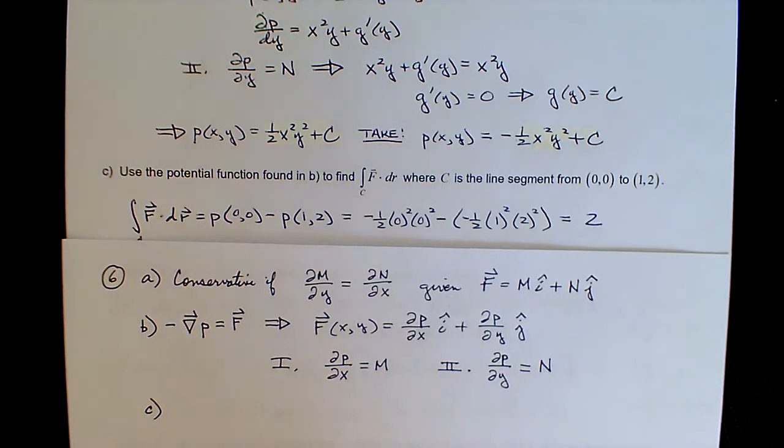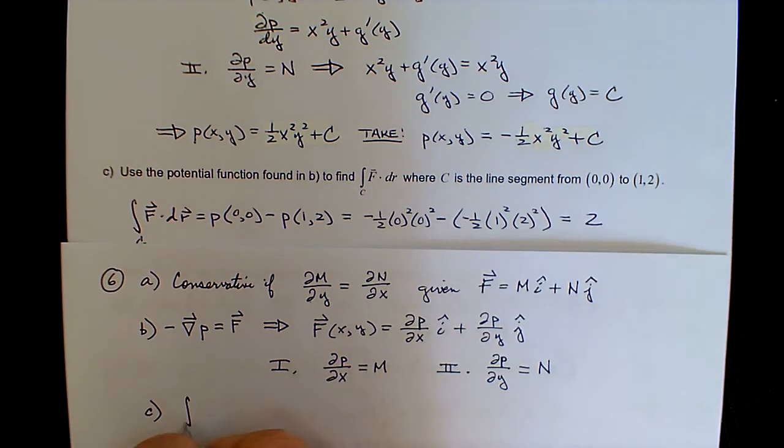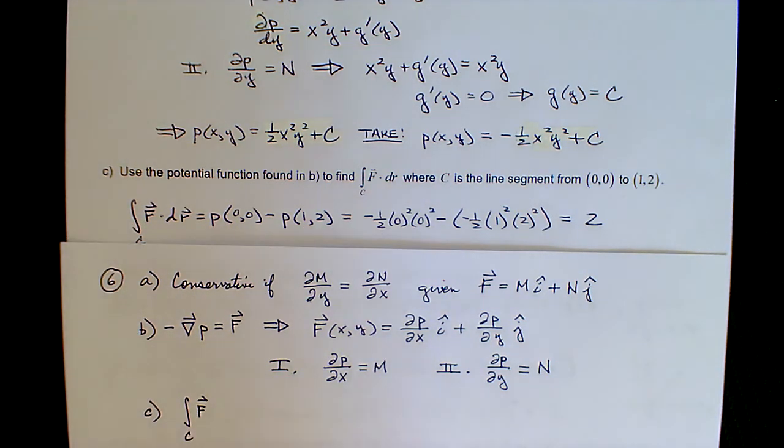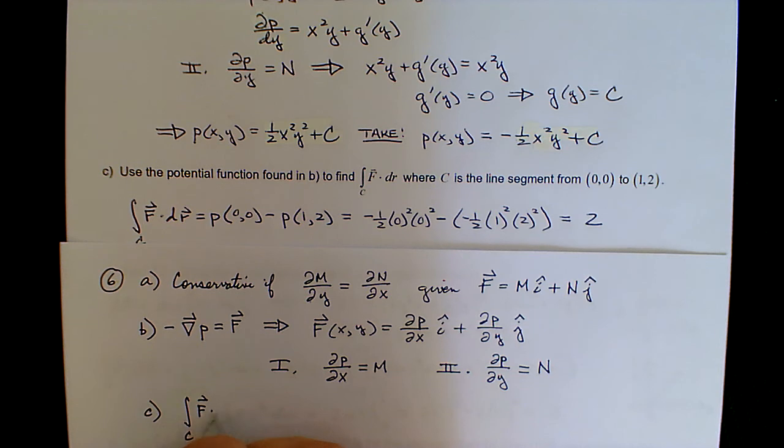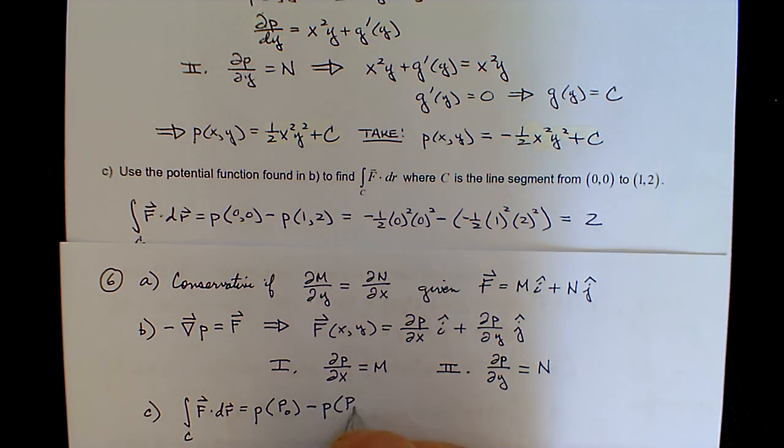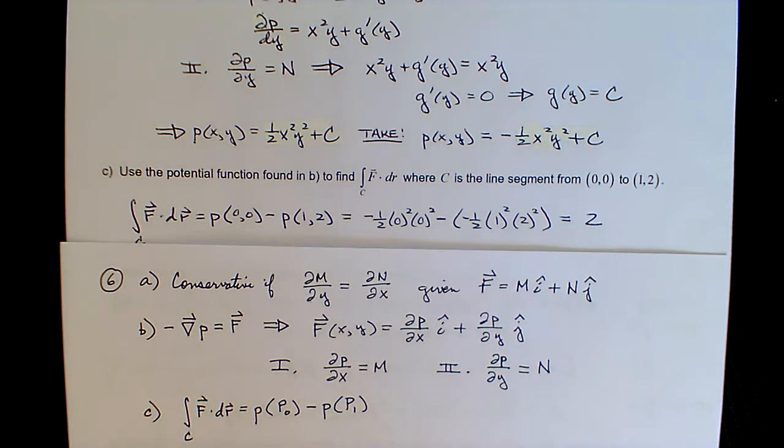And the integral, the line integral of f dot dr is equal to the potential function, let's say at p sub 0, minus the potential function at p sub 1, where p sub 0 is your starting point and p sub 1 is your ending point.